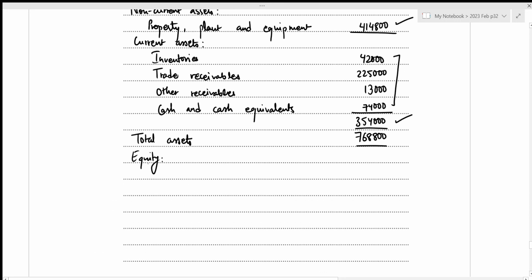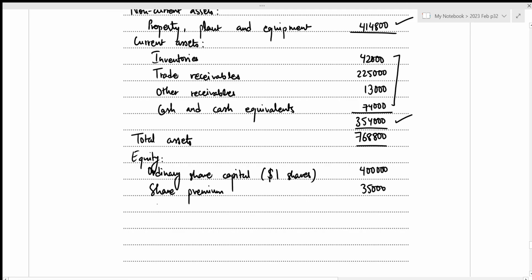We first have our ordinary share capital, which is of $1, and the total value is 400,000. We then have share premium, and the share premium is of 35,000.